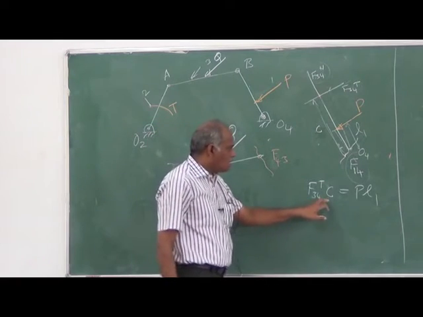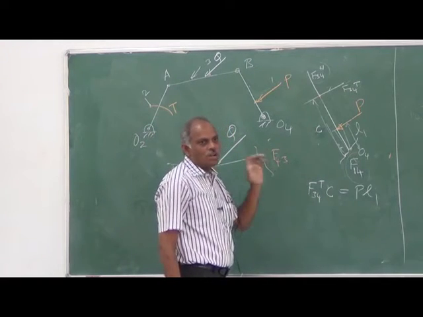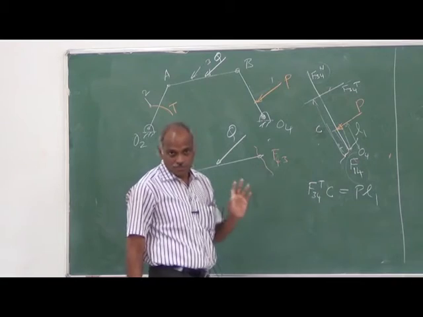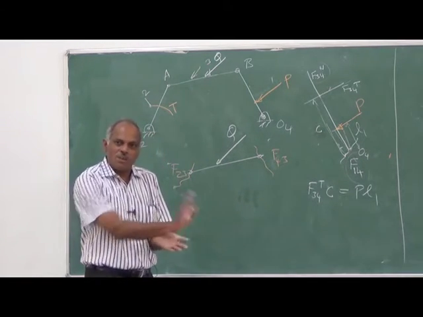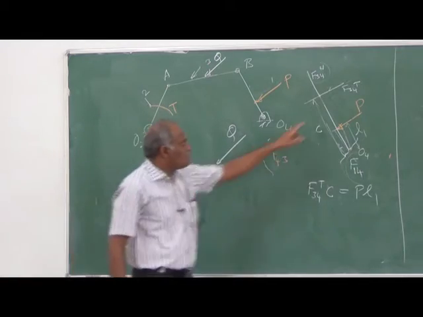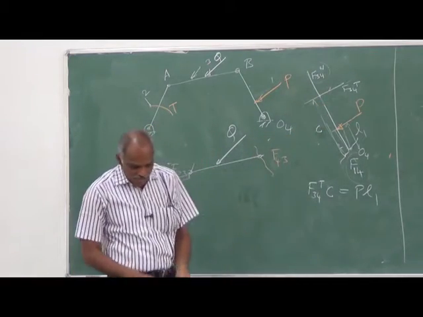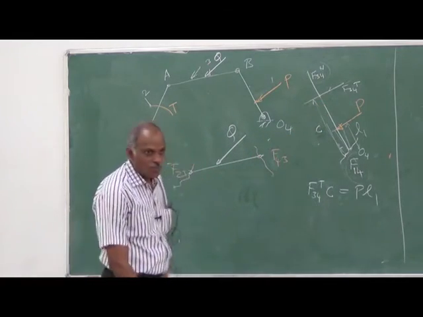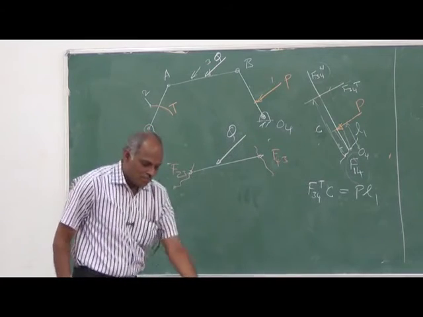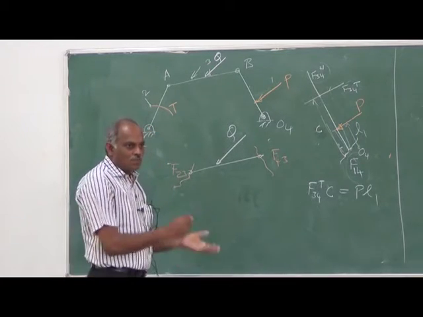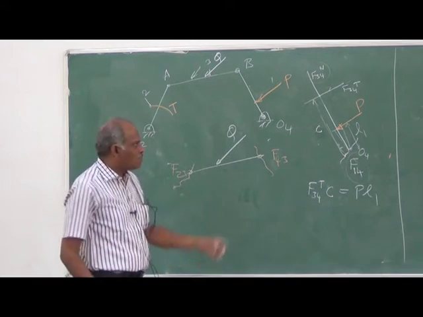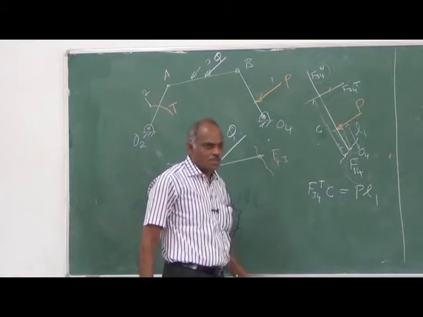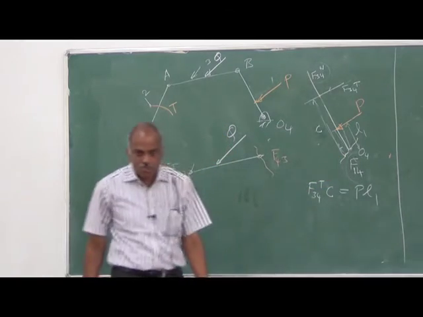Here the value of the F34 tangential component can be found. Instead of knowing nothing, we have found something. From a totally unsolvable situation, we have partially solved it by splitting into two components and taking moment about O4. Do you have any doubt?